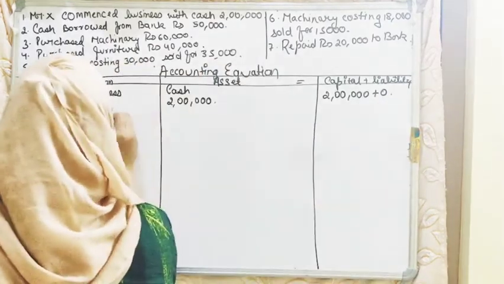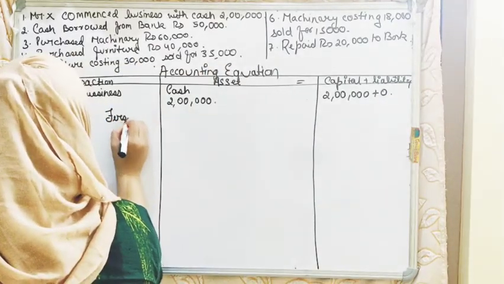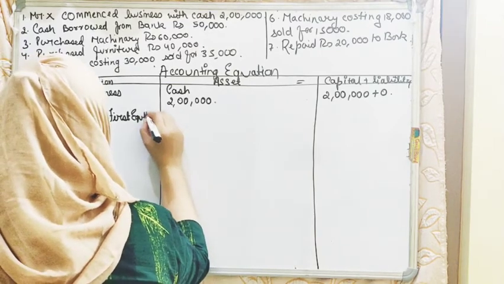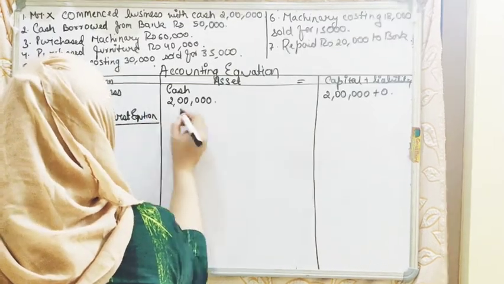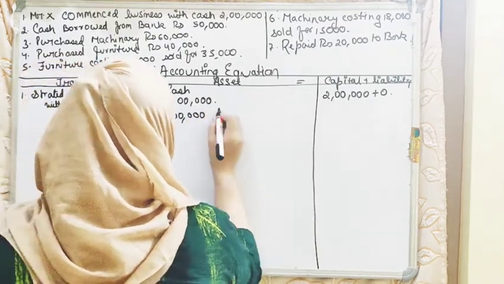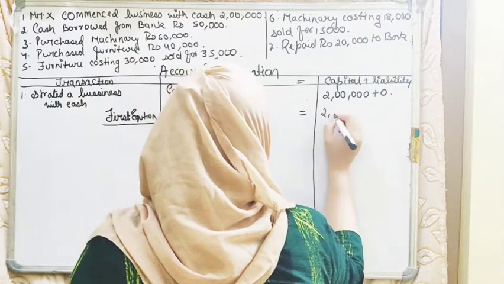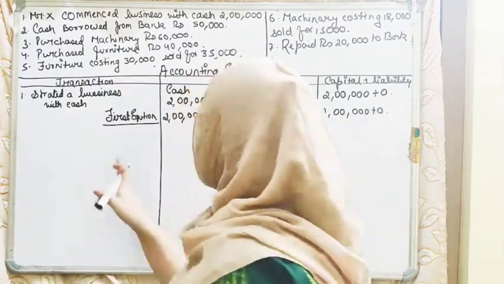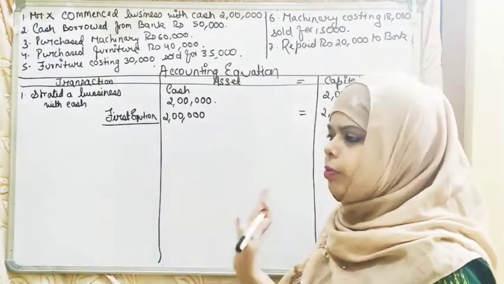So what will be your first equation? Your first equation will be 2 lakhs is equal to 2 lakhs plus 0.